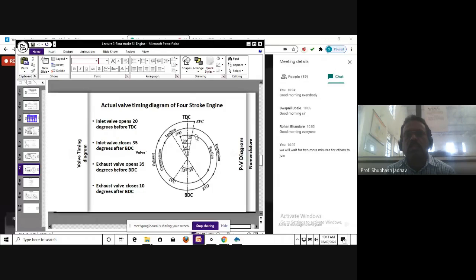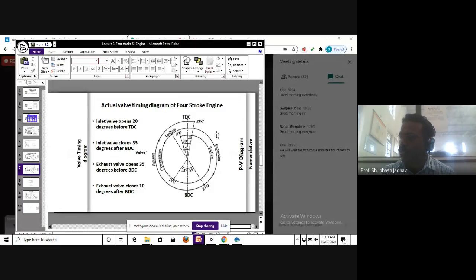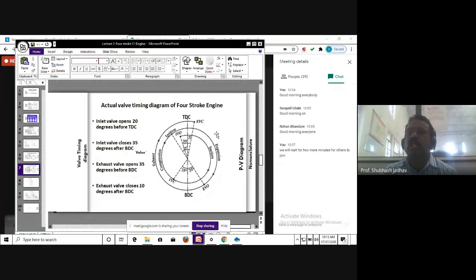Theoretically, we said the suction, the compression, the expansion, and the exhaust each require 90 degrees of crank rotation, but actually it is not 90 degrees, it is something different from that. So we discussed one by one how much it is, and finally we had a complete discussion of the valve timing diagram.